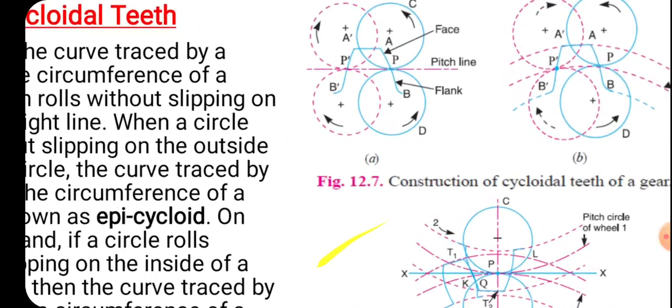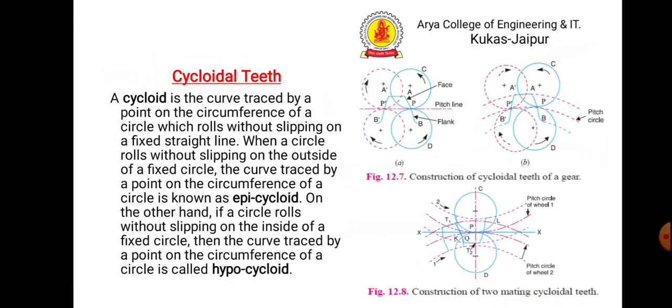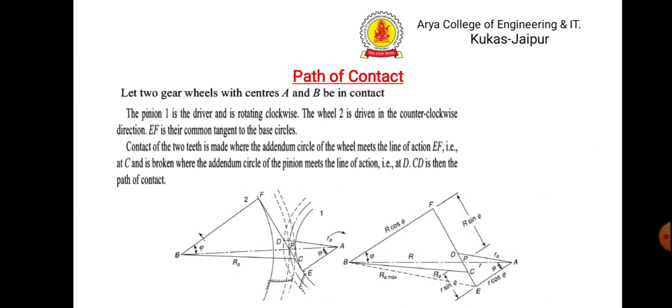So if you see in figure A, when the wheel C rotates, it will create the hypocycloid PA, and if D rotates below, it will create the hypocycloid PB. Okay, this is nothing but your cycloidal teeth. Then path of contact.